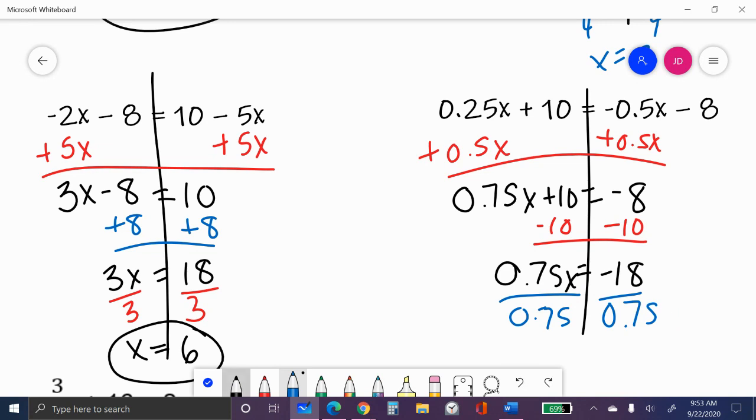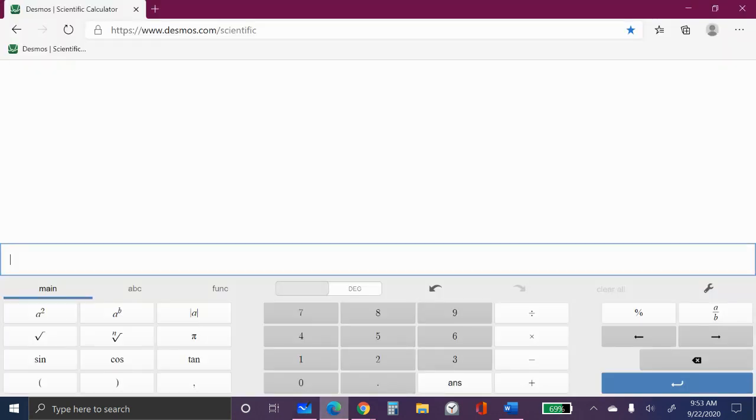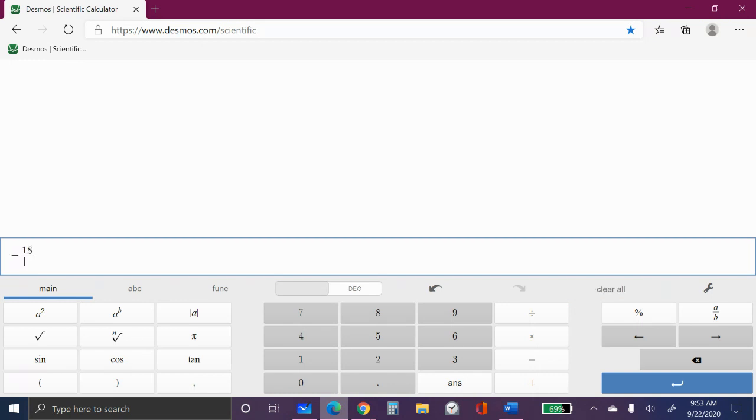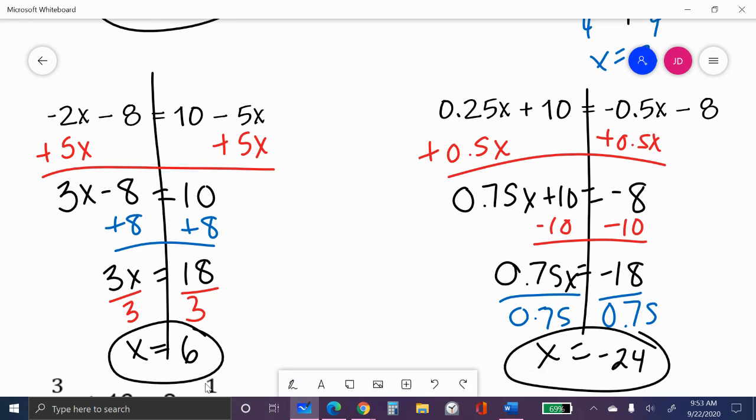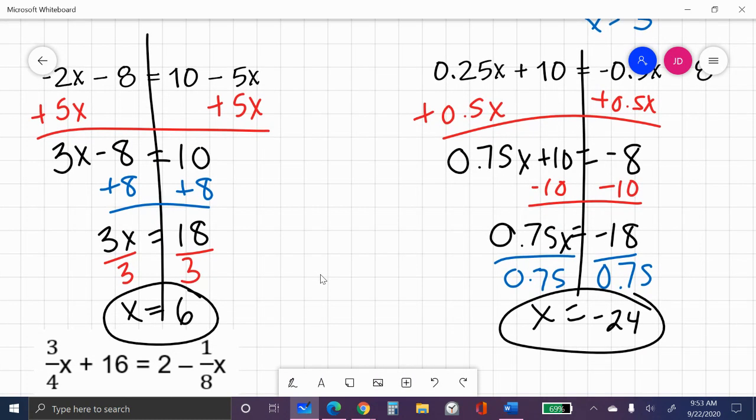Do not do that. And we get x is, let me use my calculator, negative 18 divided by 0.75 is negative 24. Bam. Negative 24. Good stuff right there.